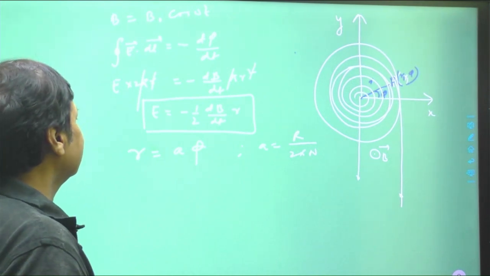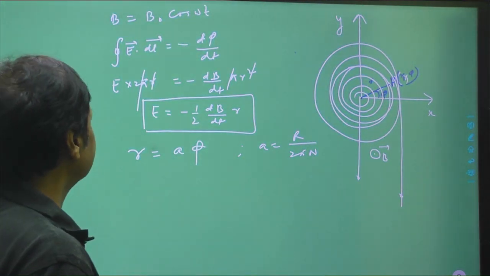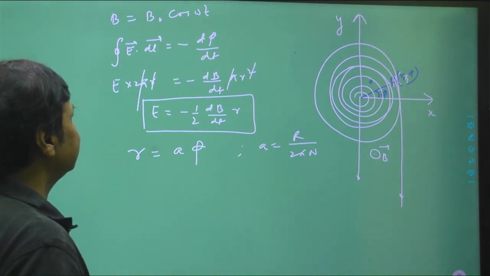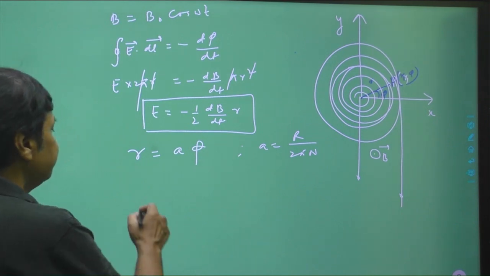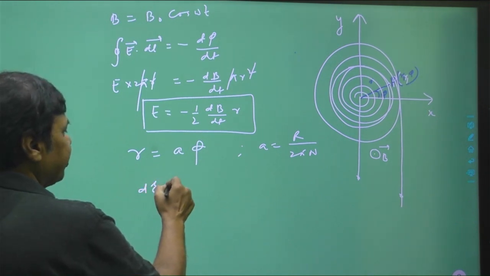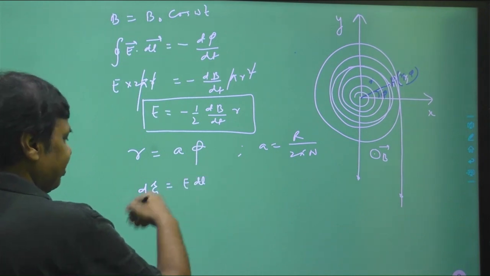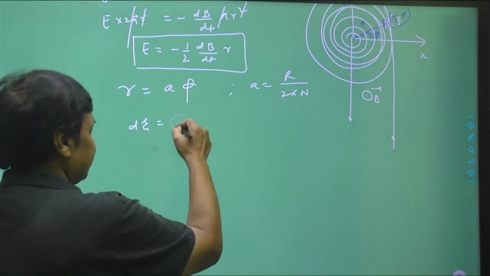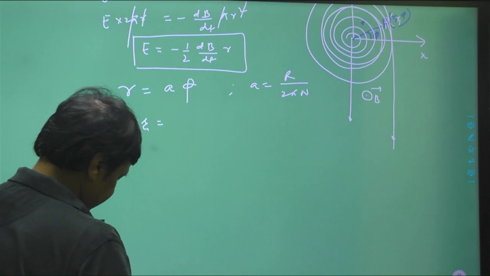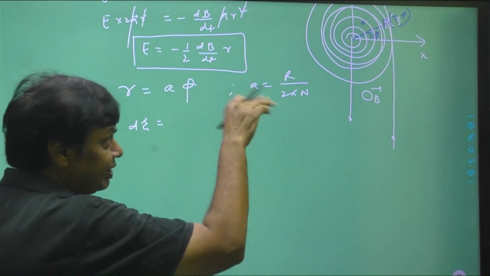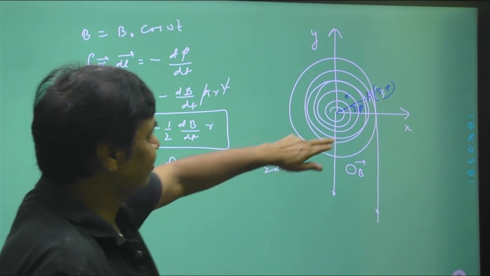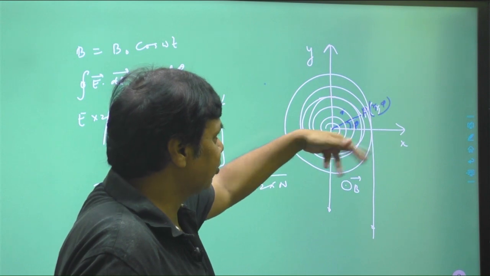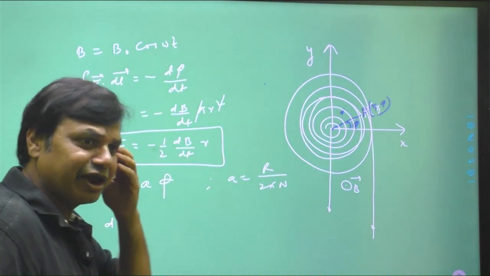And you know that this induced EMF I have already written as the integral of E dot dl, that will become simply E dl, because the electric field is tangential to any circle, and dl is also tangential.